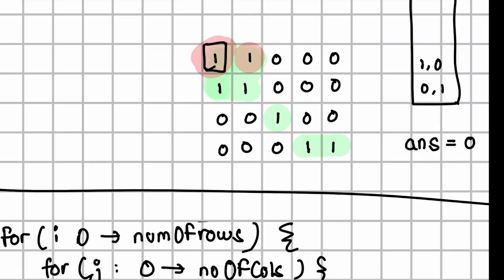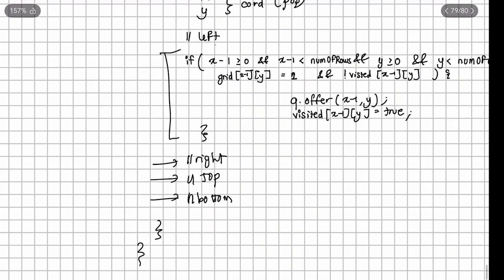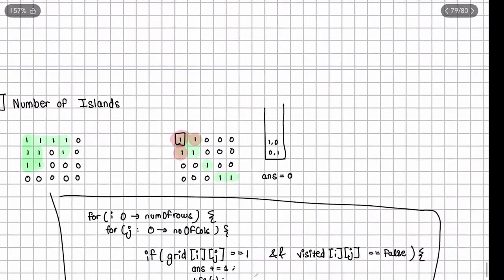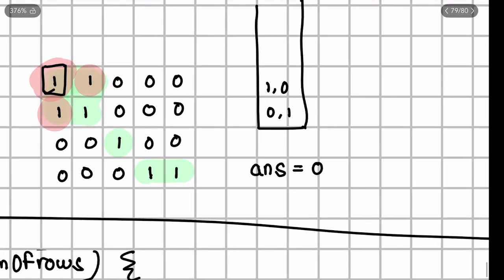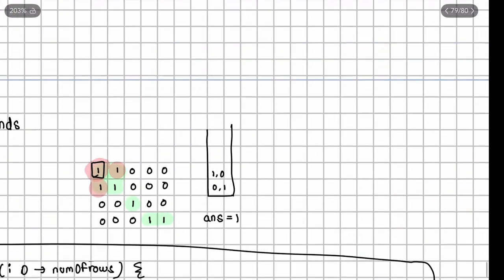Then we complete all these conditions and loop again. Since the queue is FIFO, we take this out. Our answer was 1, my bad, since we entered here, our answer would be 1.